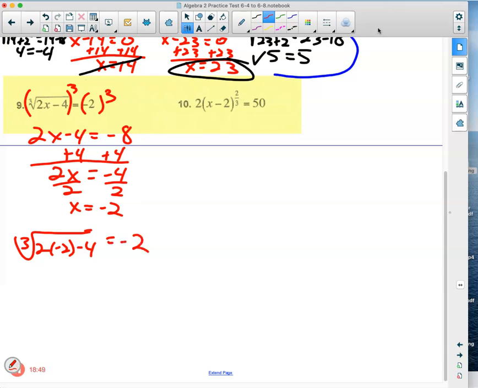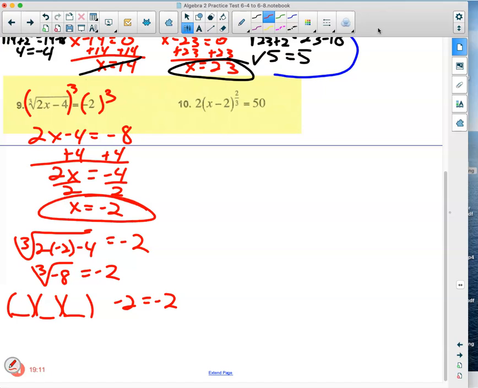Well, 2 times negative 2 is negative 4, and negative 4 minus 4 is negative 8. So we need the cubed root of negative 8 to equal negative 2. It does. Negative 2 times negative 2 times negative 2 is negative 8. So this one's good.